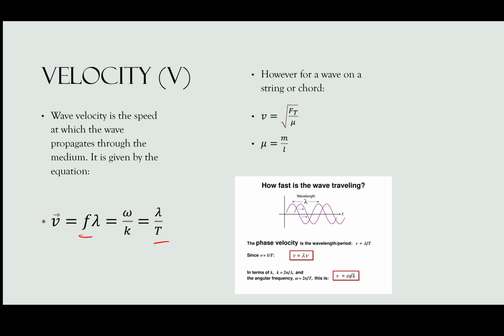So if we're talking about a spring or a cord and we're trying to find how fast the waves on it propagate, v is equal to the square root of the tension divided by mu, which is the mass-length ratio, mass over length. But more than likely, we are going to be focusing on this velocity equation over here, looking at how fast a wave is traveling.